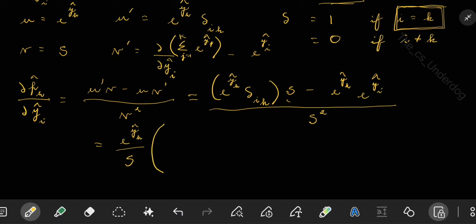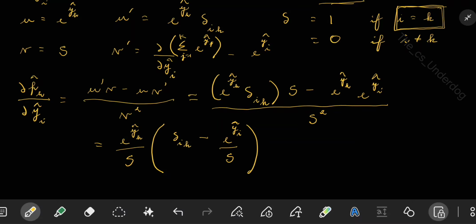This I am taking outside. Then what will remain? Here this del ik will remain, and this s and this s are going to cancel out, so that s won't remain. Del ik minus, what is the term that will remain from this side? E power yi cap will remain, and along with that there will be an s in the denominator. So this by s. Clear till this point?